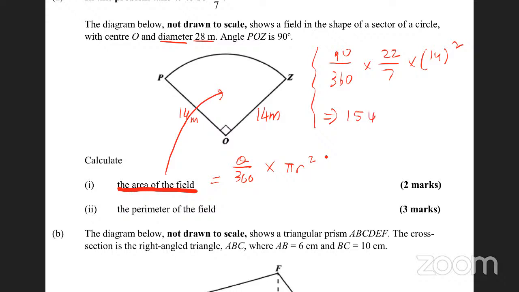What's the SI unit? Meters squared. 154 meters squared. All okay with that? 154.